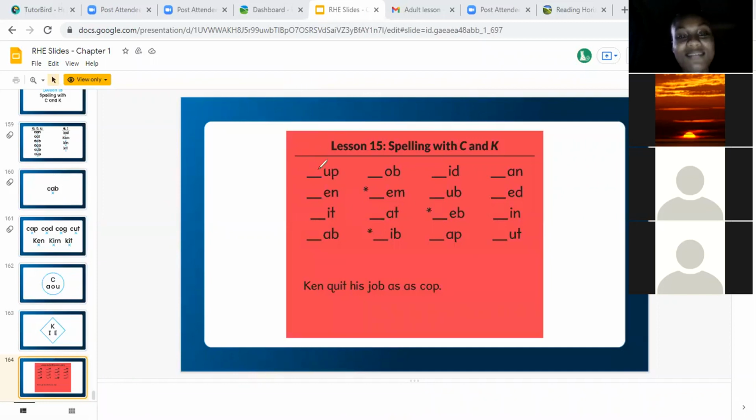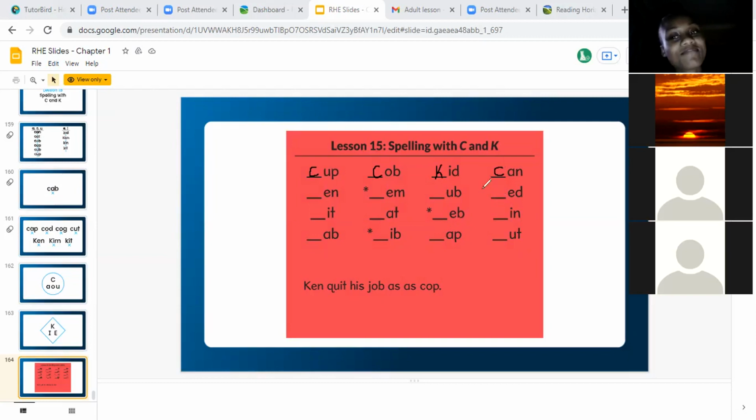This one, C. This one, C. A. Then, C. How do you know it's C and not K?